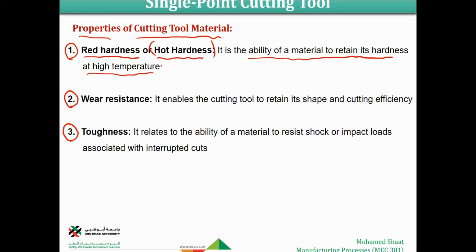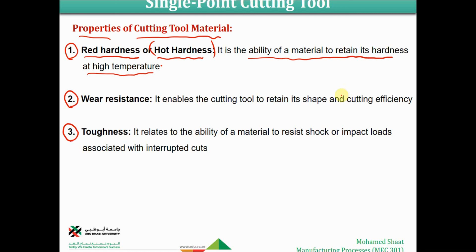It means that as we heat the material, it is going to lose its hardness very quickly, right? So this material is not preferred as a tool. It is a strong, high hardness material, yes, but it is not preferred because it has low red hardness. We need high red hardness, or hot hardness. It is the ability of the material to retain its hardness at high temperature.